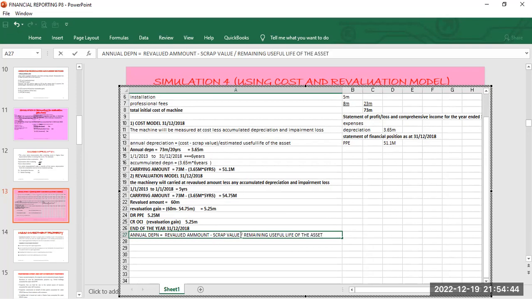A person may be wondering, they told us the remaining useful life was 16 years. But remember, in another sentence they said that the company does the revaluation after 5 years.